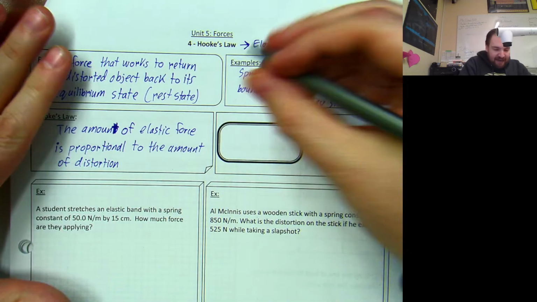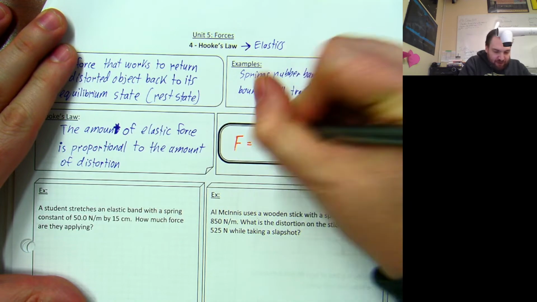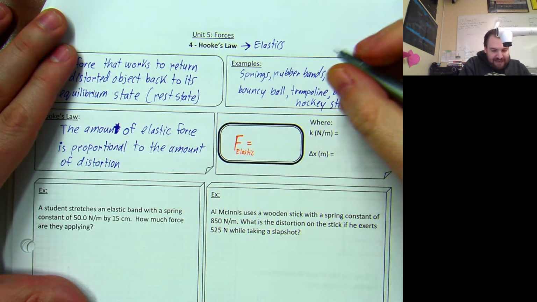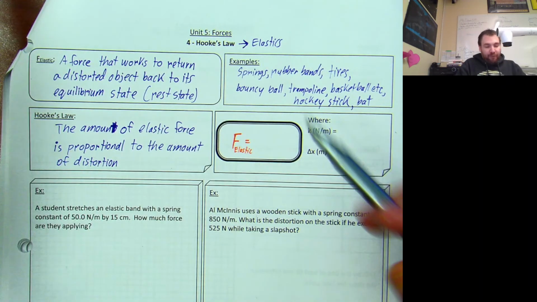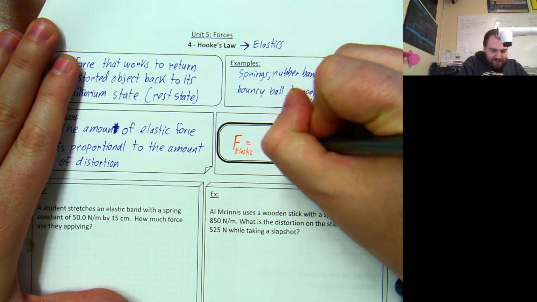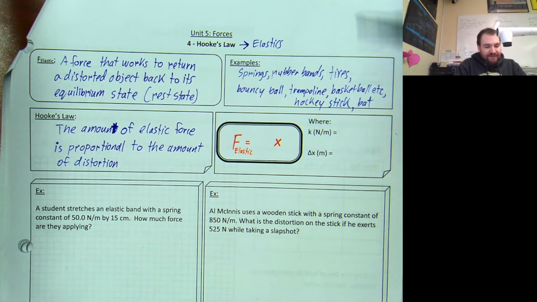That proportionality means that when we say things are proportional to each other, our elastic force is going to be equal to the distortion. And for the distortion, sometimes it's written as delta x, sometimes it's just written as x. I'm going to leave it just as x here.